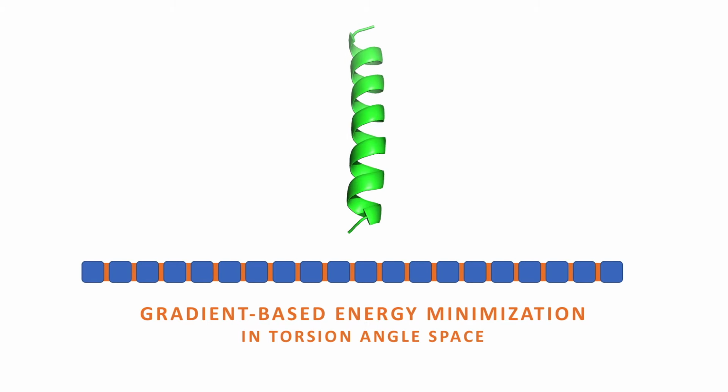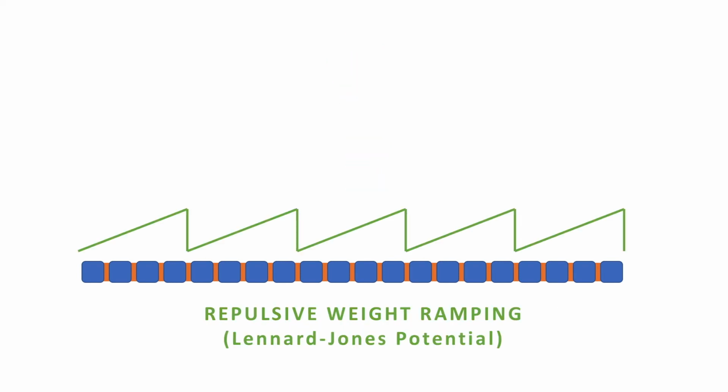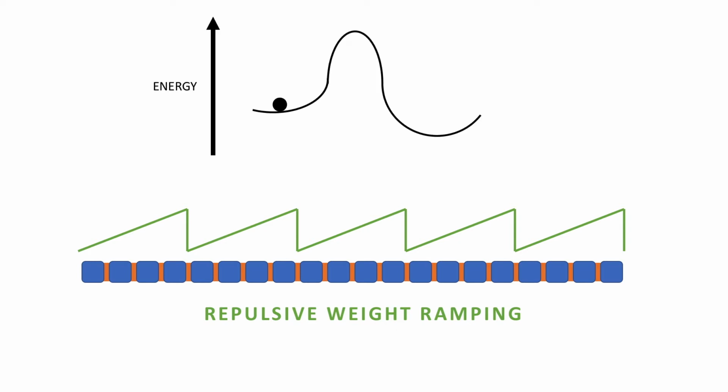So this is an exaggeration of how much the backbone moves, but just to show it's steps of minute backbone adjustment. There's this extra parameter, which is a chunk of this project that we'll be diving into, this repulsive weight ramping, which I'll describe in a second, but just to give the idea of it first, you can imagine that you're in this energy well, and there's this lower energy well that you want to enter, but there's this energy barrier in the way.